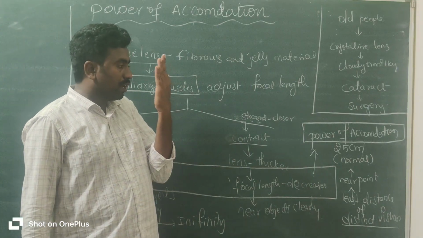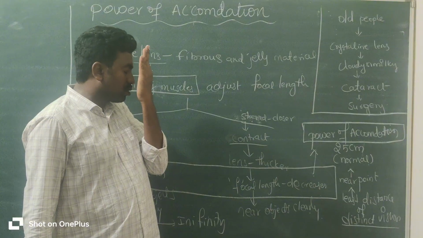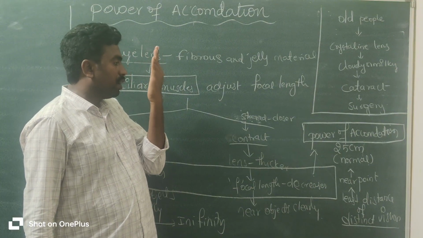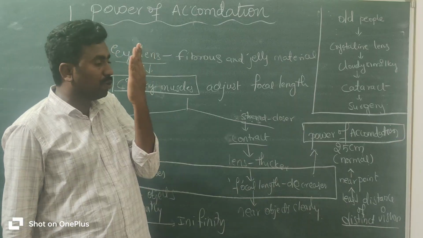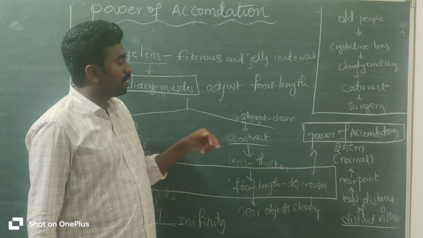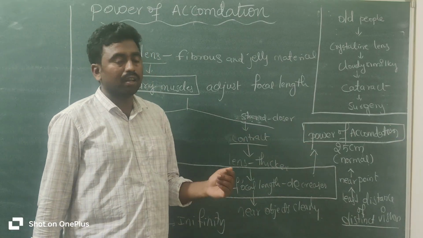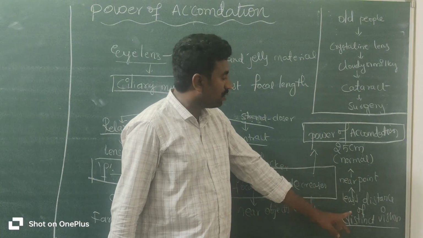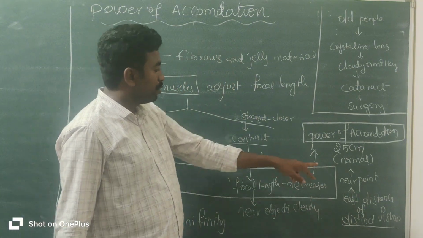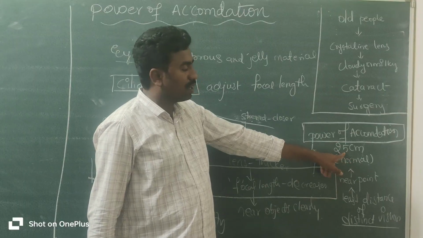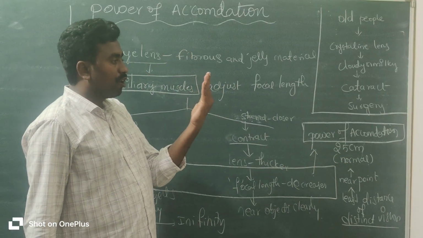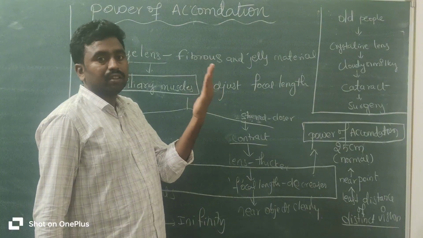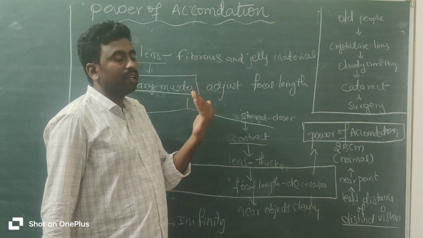Suppose you bring an object very close to the human eye, it strains. The minimum distance at which we can see the object without strain, we call it the power of accommodation, or near point, or least distance of distinct vision. For a normal person, it is 25 centimeters. If you bring an object to 25 centimeters, without strain, this is the minimum distance at which we are able to see the object very clearly.